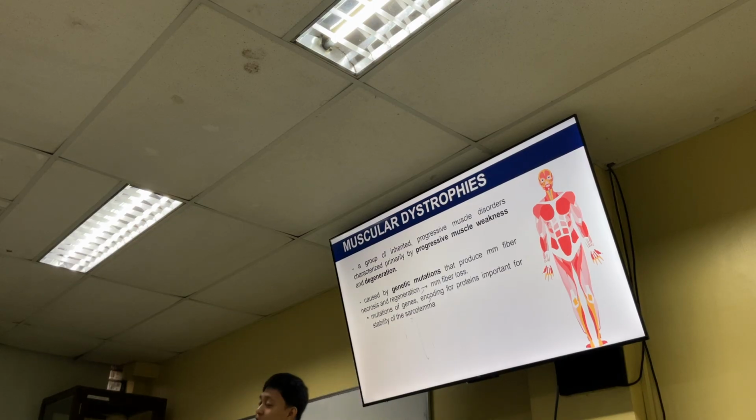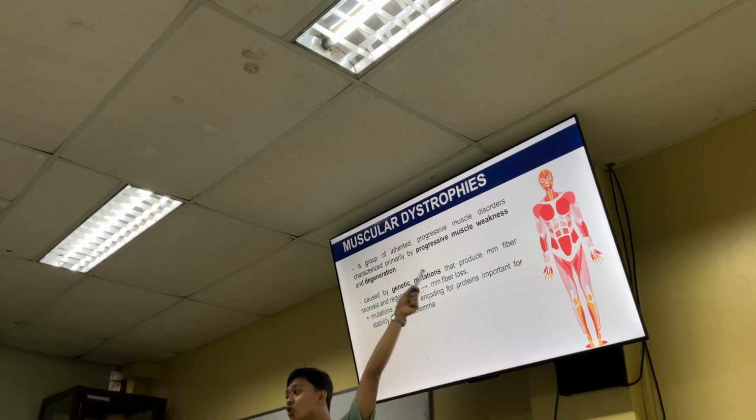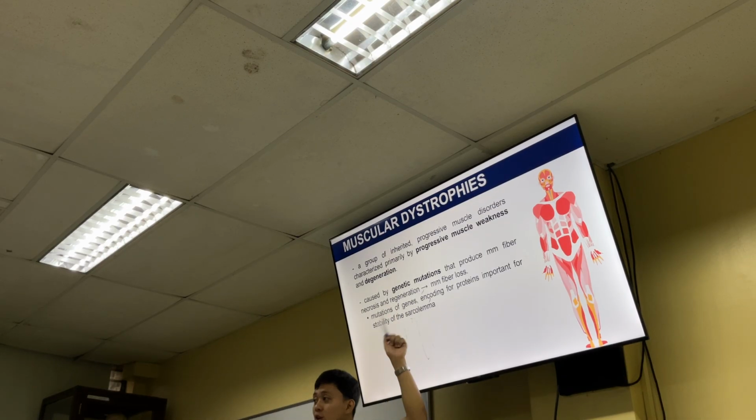Okay, just an introduction of your muscular dystrophies. This is a group of inherited progressive muscle disorders characterized primarily by your muscle weakness. Again, characterized by muscle weakness. We talk about muscular dystrophy, usually progressive in nature, caused by genetic mutations that produce muscle fiber necrosis and regeneration.